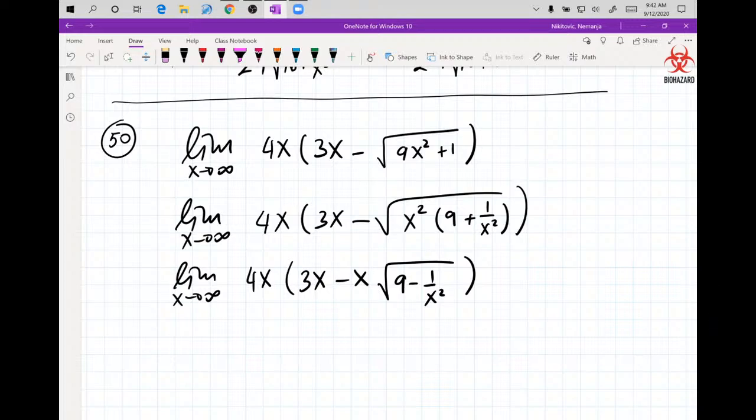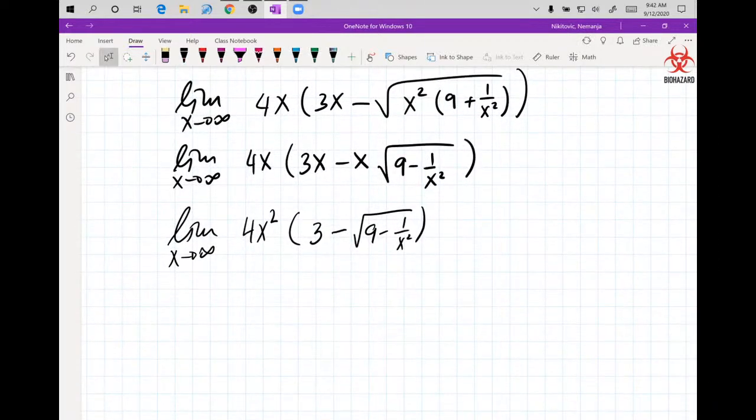So that you cannot square root that. But what I can do is I can pull out an x now, which would make x squared on the outside. So limit x goes to infinity, and I get 4x squared, and I get 3 minus square root of 9 minus 1 over x squared.